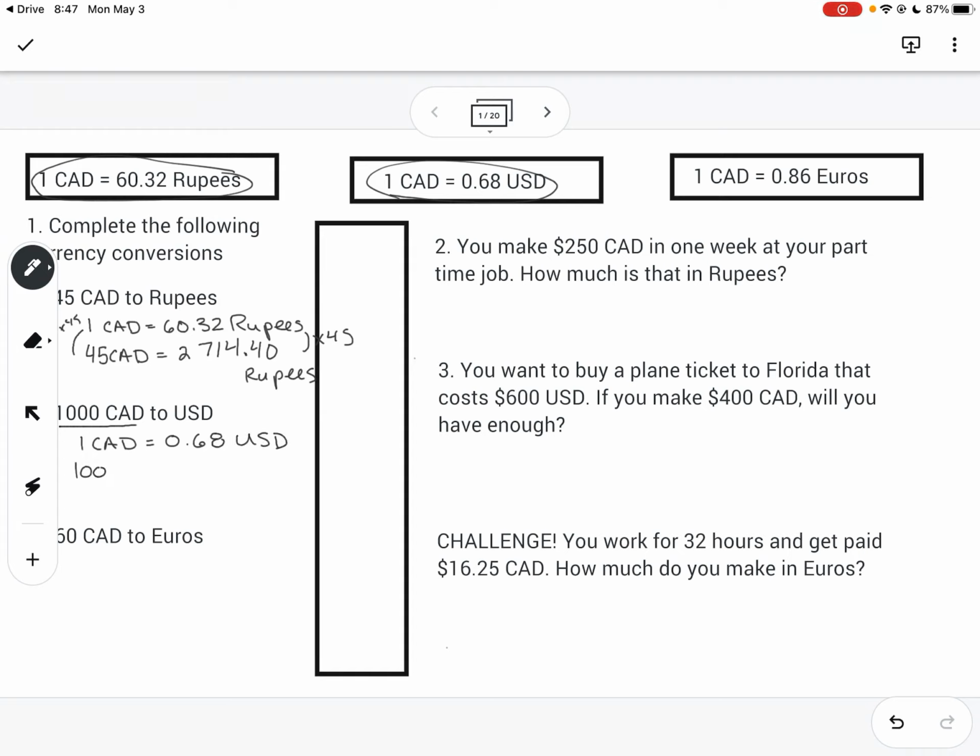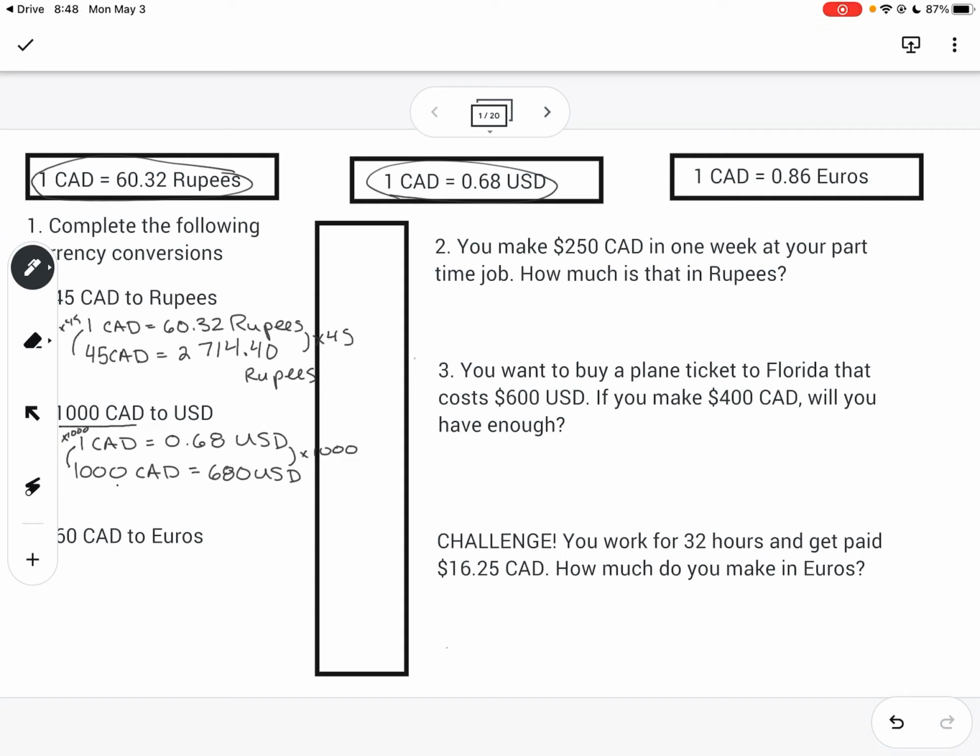What I don't know is if I had 1,000 Canadian dollars, how many US dollars would that be? Just like I did with the rupees, I'm going to notice that I multiplied this side here by 1,000. So I'm also going to multiply this by 1,000. So that actually gives me 680 US dollars. So if you have $1,000 Canadian, it's worth less if you're counting it in American dollars.